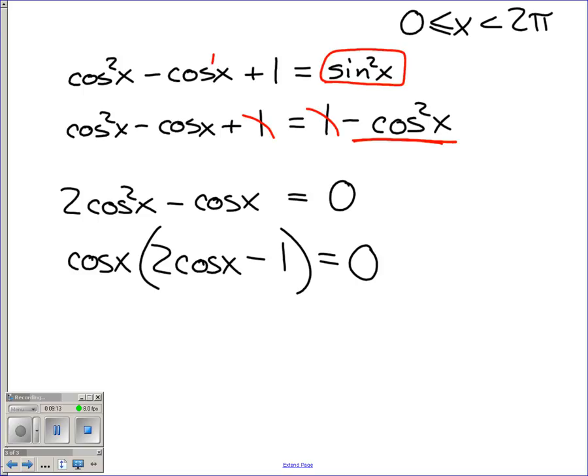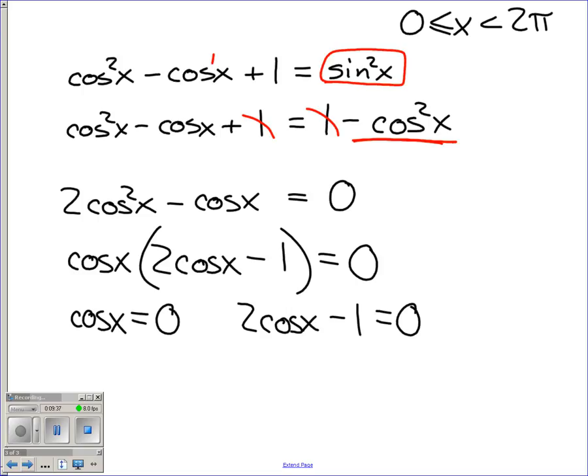Now we have two linear factors. That's what we want. Factors to the first power. So I'm going to take both of them and set them equal to 0. Cosine of x equals 0, just like we had in the previous problem, example 1. And then here we have 2 cosine of x minus 1 is equal to 0.